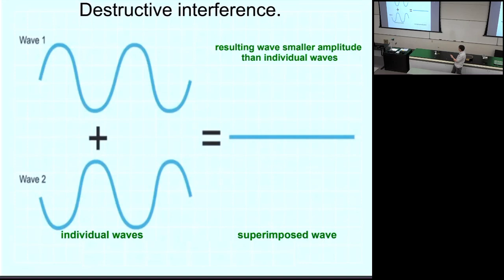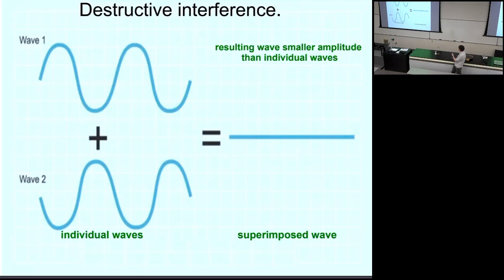Later on, this trough of wave number one combines with this crest of wave number two. The trough and the crest again cancel out one another, and we get this region here. And so on and so forth. This crest combines with this trough to cancel one another out. This trough combines with this crest to cancel one another out.